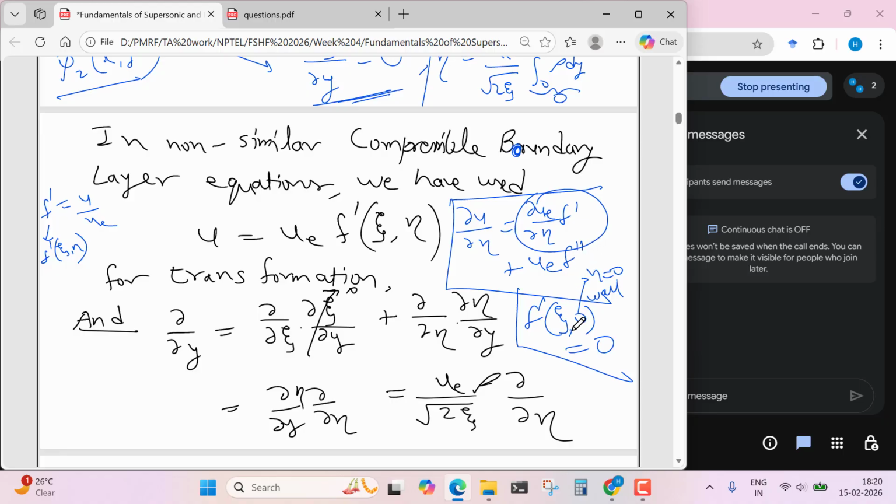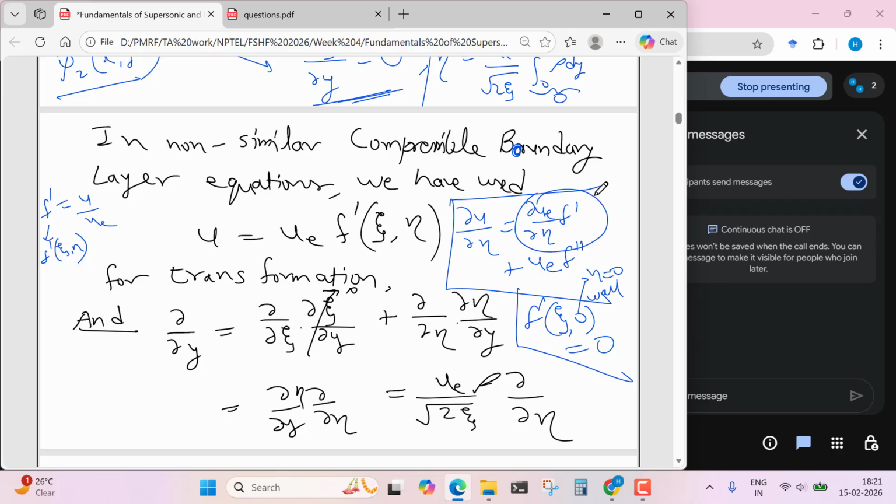Now at the wall velocity u is 0. So if we take eta equal to 0, which is the wall, f dash of xi, 0 will be 0.